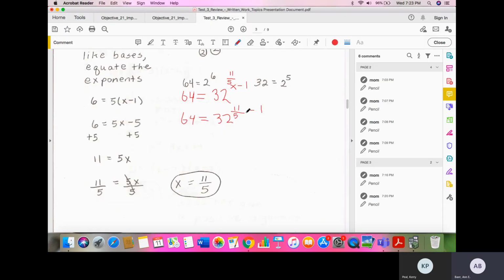So what we have up here in the exponent now is 6/5. So we have 64 equals 32 to the 6/5.